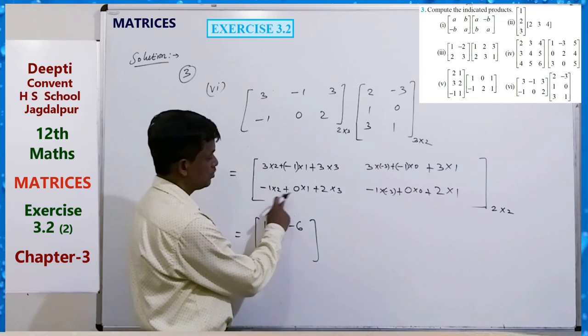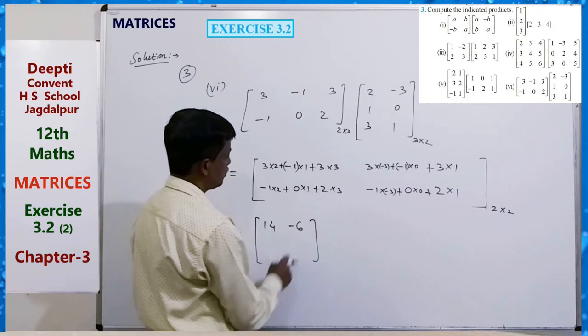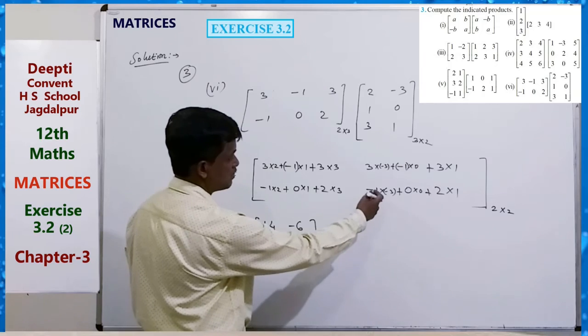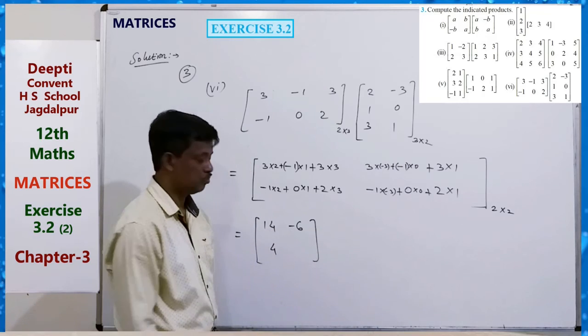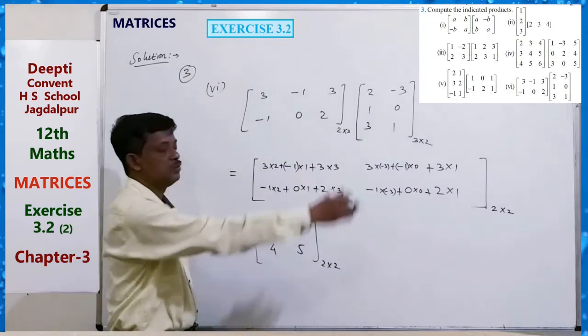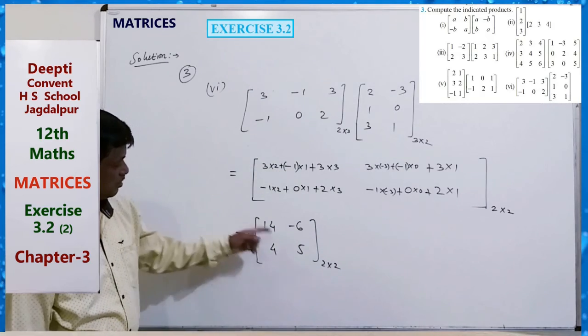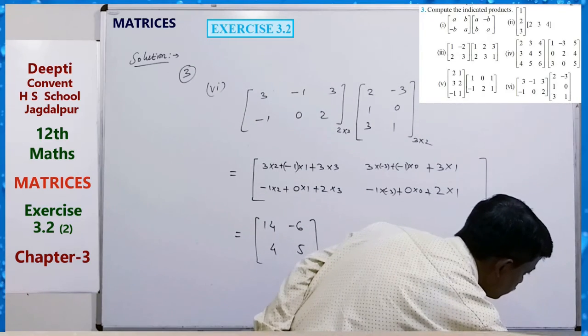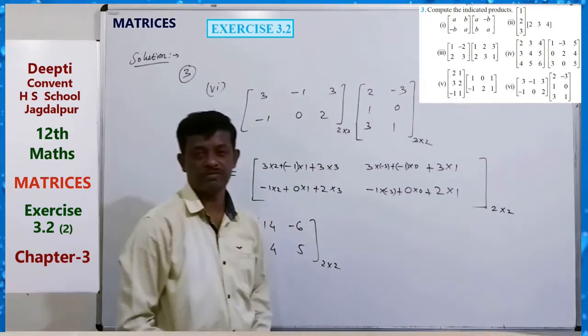Minus 2 plus 0, minus 2 plus 6, 4. Here 3 plus 2, 5. So this is a 2 by 2 matrix: 14, minus 6, 4, 5. So this is the multiplication.